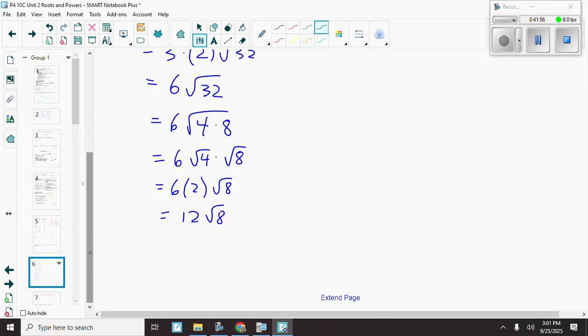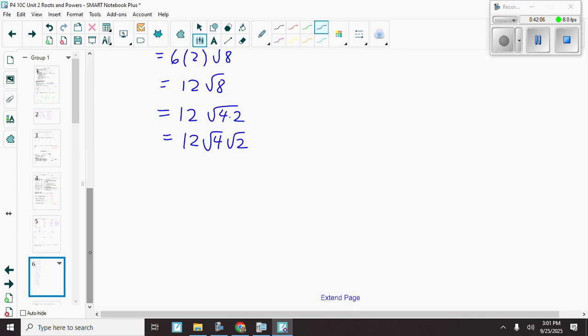So I have to do it one more time: 4 times 2. 12 times 2, root 2, is equal to 24 root 2. It took a couple of times, and we had to recognize that there's still a perfect square in there, and there's still a perfect square in there, until we got to the final answer.